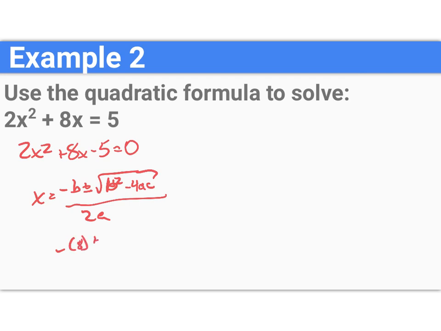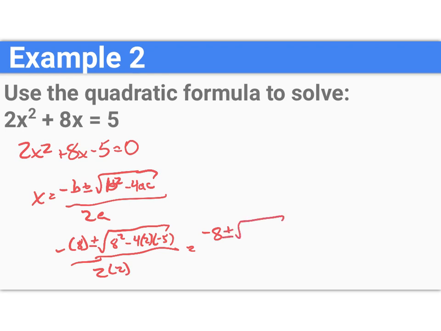Negative of 8 plus or minus the square root of 8 squared minus 4 times 2 times negative 5 over 2 times a, which is 2, which equals negative 8 plus or minus the square root of 104 all over 4.